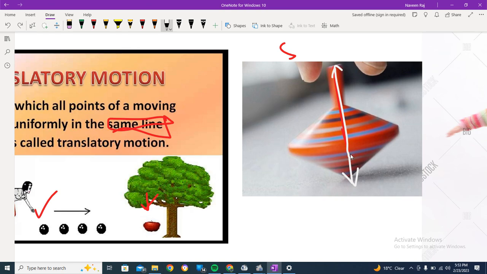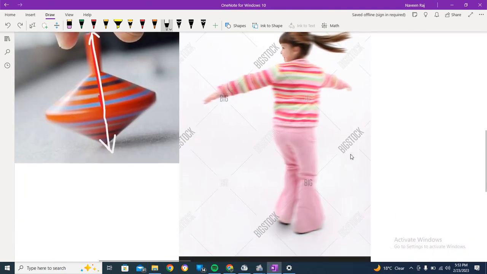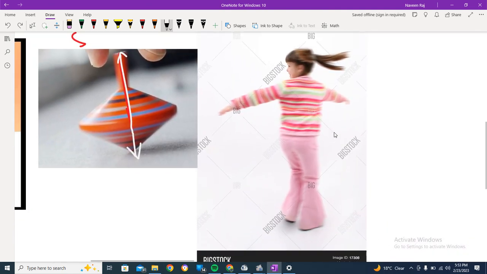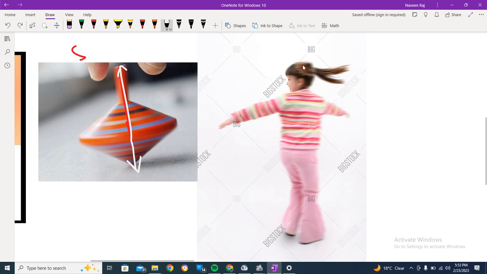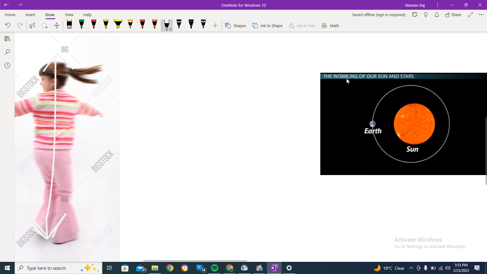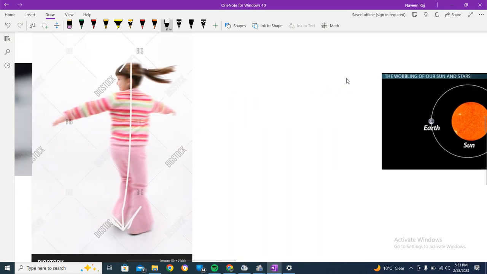This is spin motion. Here you're going to see a little girl playing and spinning herself. We cannot say that the girl is performing orbital or arbitrary motion. The girl is spinning herself because the axis of rotation is the same. She is just moving her hands, and the direction of the hands is moving, but the center of the axis of rotation is the same. I do hope it is very clear with this diagram.